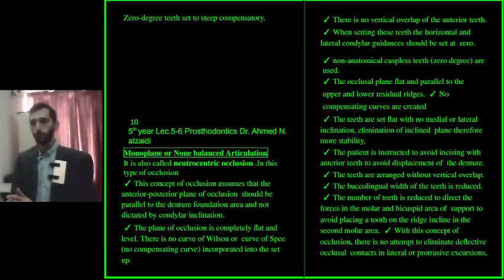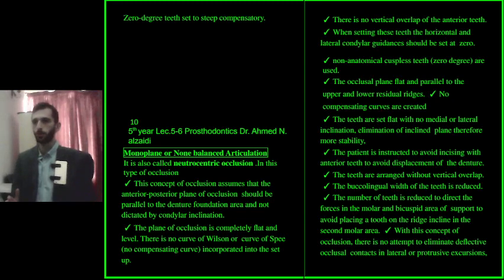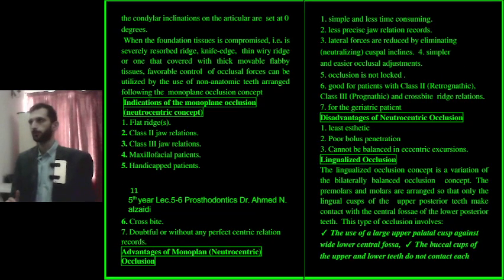With this concept of occlusion, there is no attempt to eliminate deflective occlusal contacts in lateral or protrusive excursions. The condylar inclinations of the articulator are set to 0 degrees.